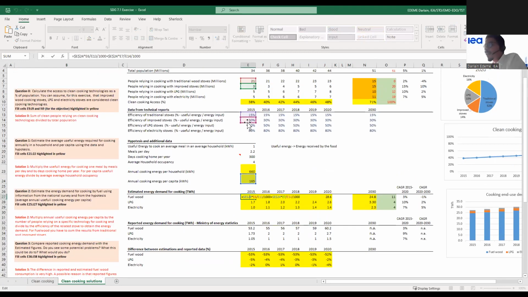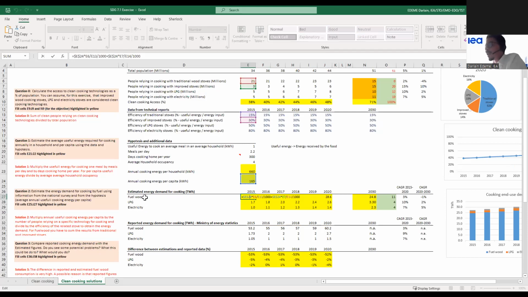In order to do that, you first have to start from the information you have about each of these technologies. So for example, you have fuel wood, which is used both in traditional wood stoves and in improved stoves, because they have the same fuel but different technologies. So the traditional and the improved one, which has higher efficiency. The efficiencies are given by the text, so you can use them and you can see it here. And you have the annual cooking energy per capita.